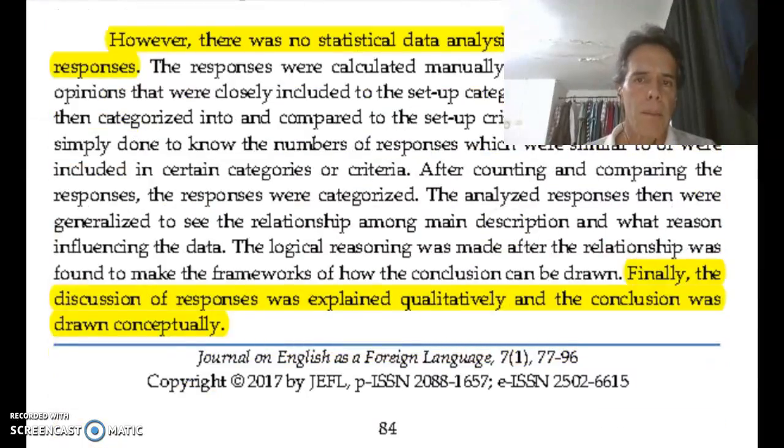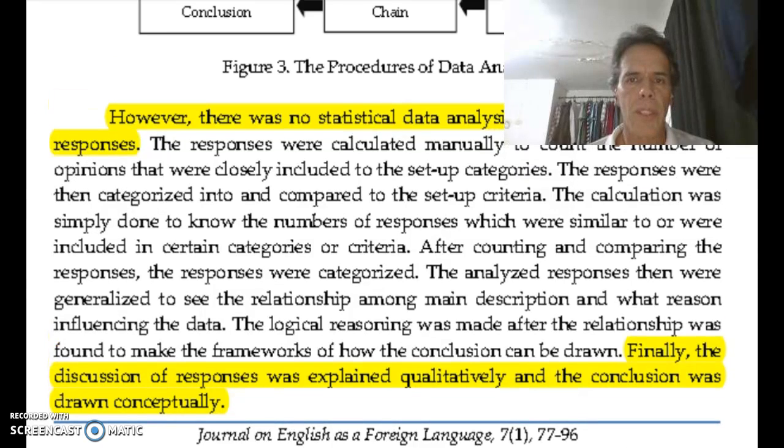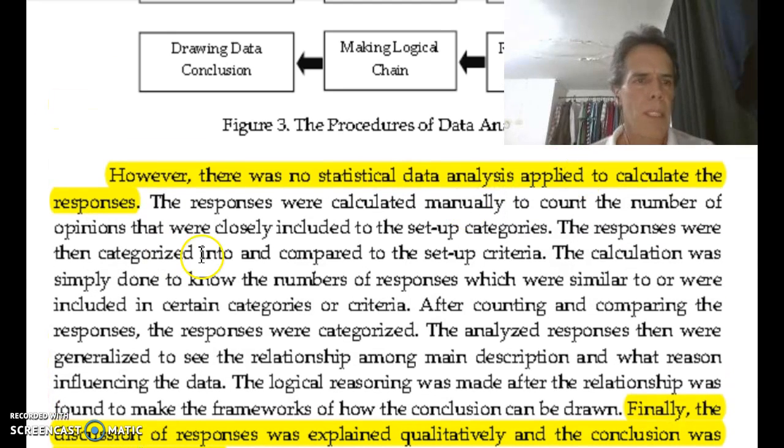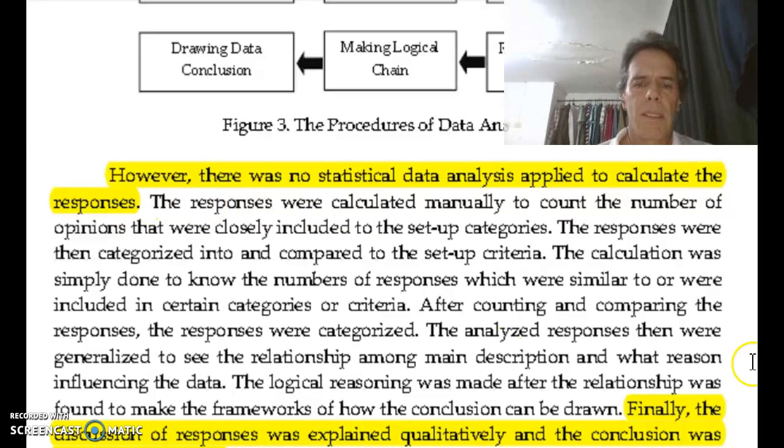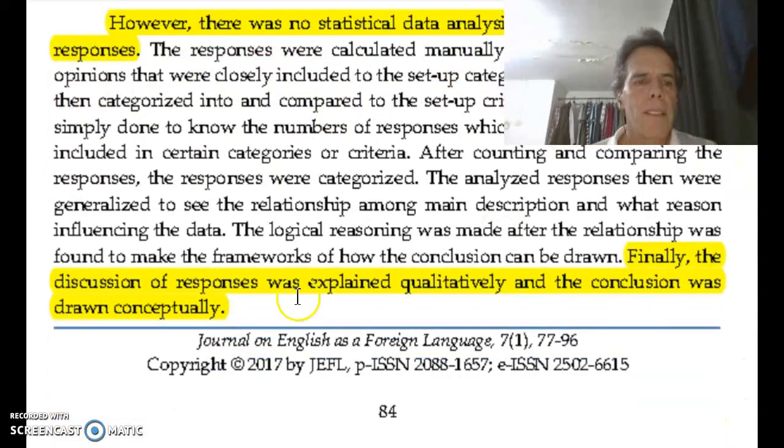We can find another hints here in the article, like these ones. However, there were no statistical data analysis applied to calculate the responses, so there is no numbers, no quantities. Finally, the discussion of responses was explained qualitatively and the conclusion was drawn conceptually.